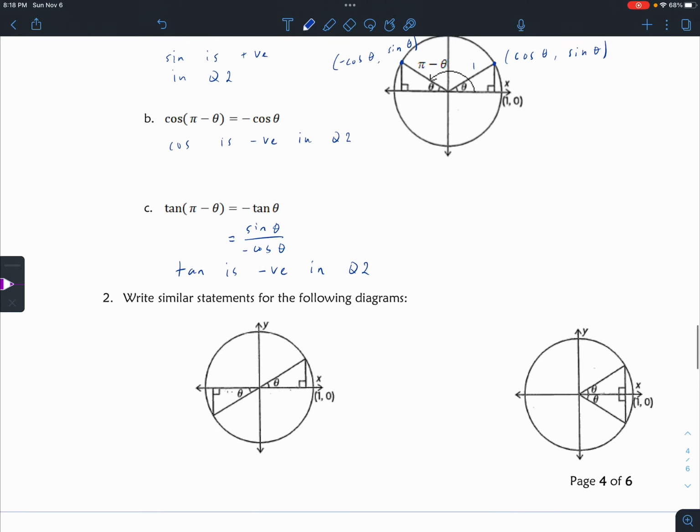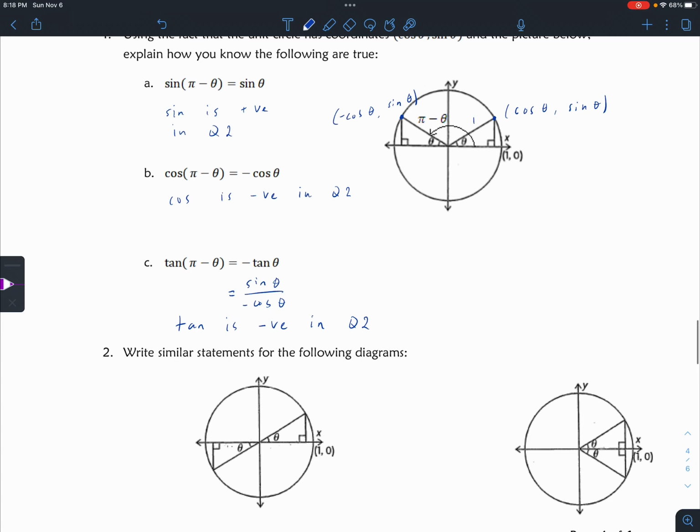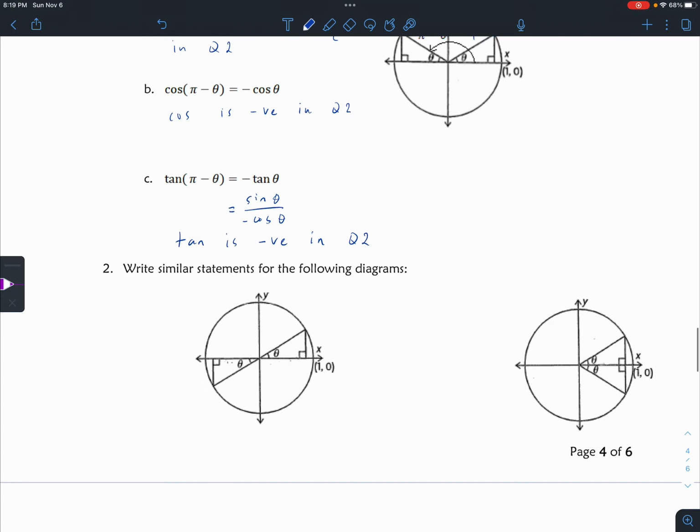All right, let's now look at Q3. So we want to write similar statements for the following diagrams: a sine statement, a cosine statement, and a tangent statement. So we want to recognize that this point over here at the end of the terminal arm is cosine theta, sine theta.